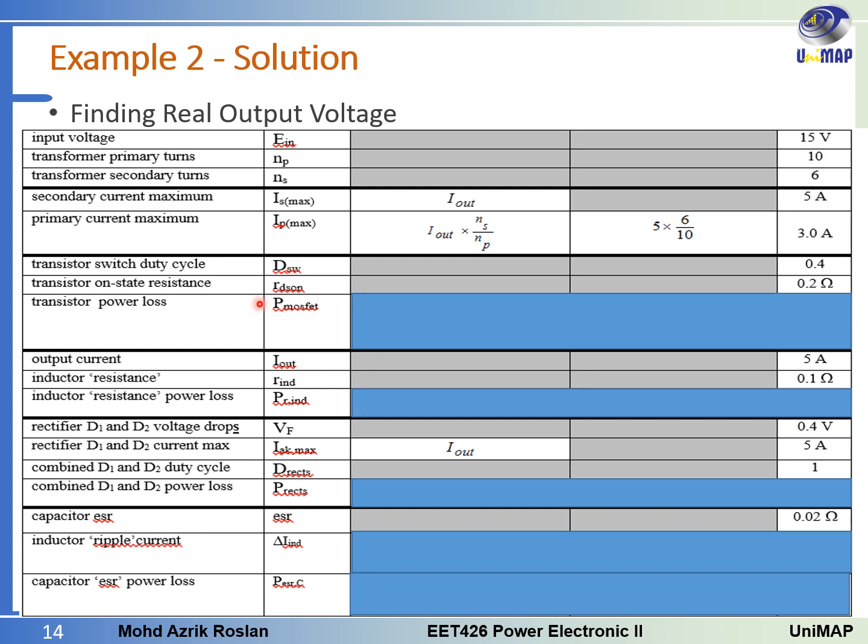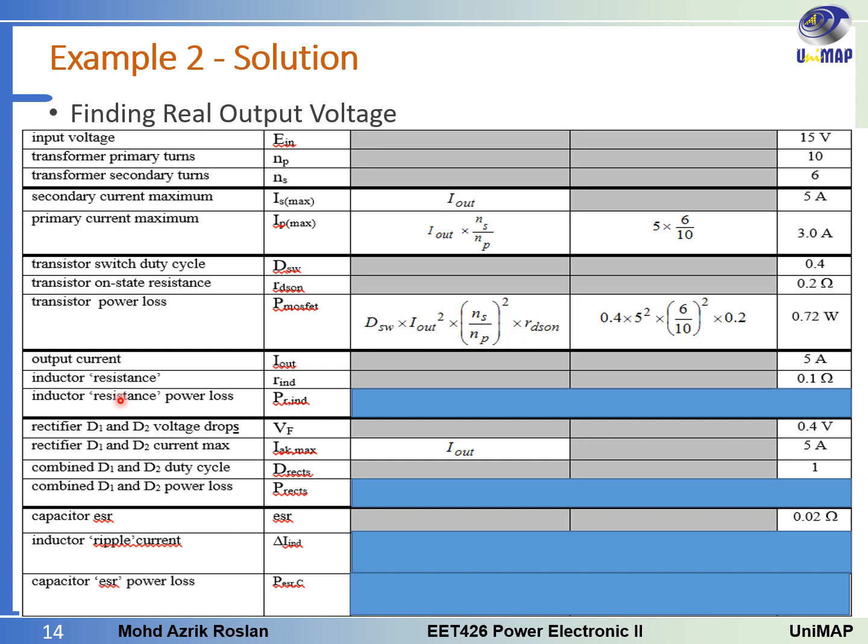Okay, next we have to find the transistor power losses. This is due to the switching losses. We have D switch multiplied by I out square multiplied by NS over NP square multiplied by RDS on.